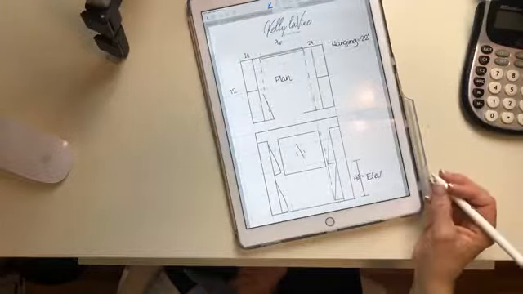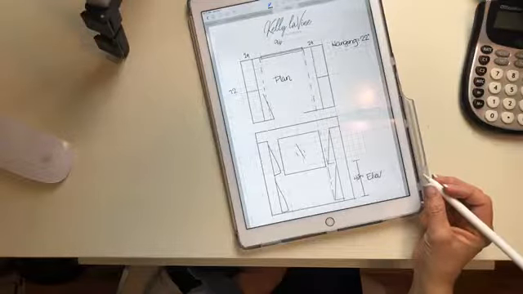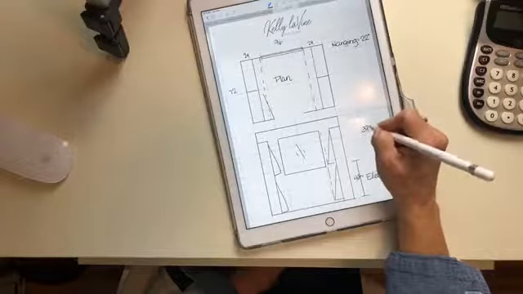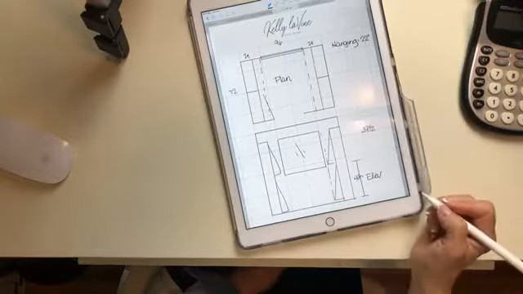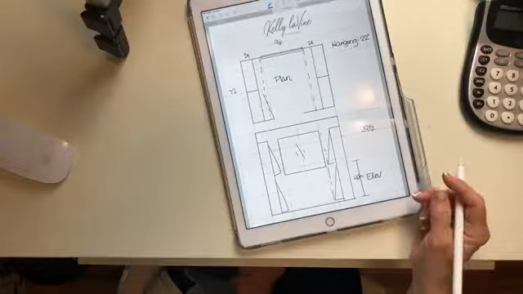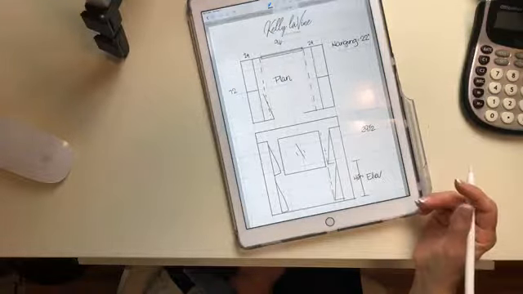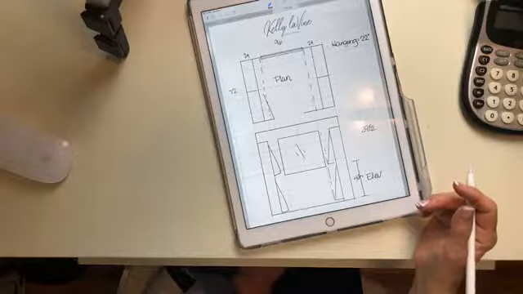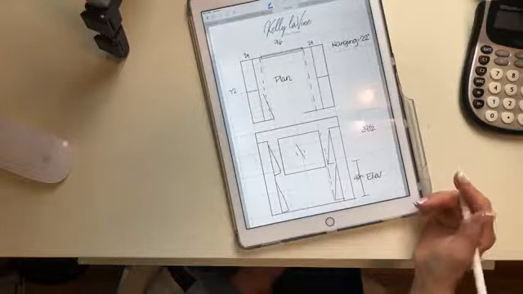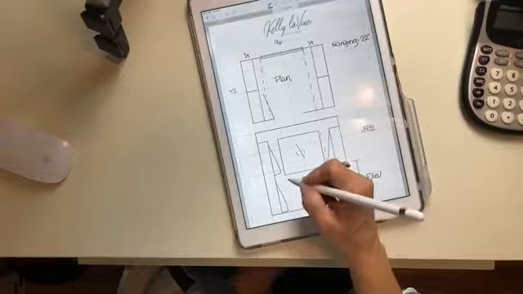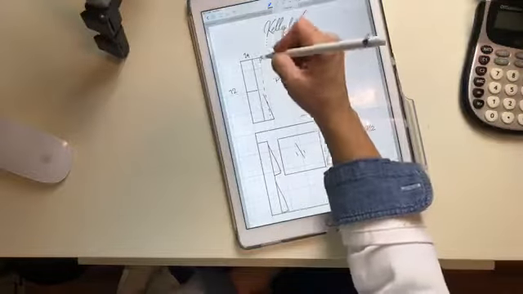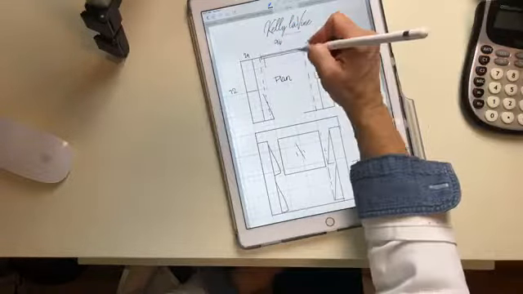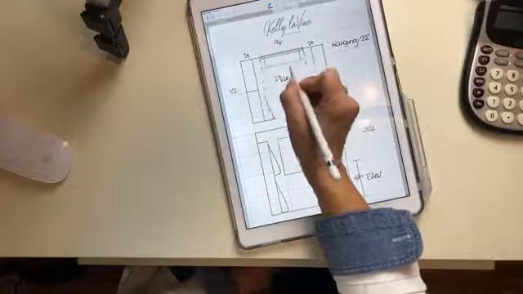For double hanging, we would ideally want a rod at 39.5, which is probably the standard for an adult. I like to go slightly higher if you can, but especially if you hang jeans over a hanger or something like that, you could get another hanging section back here. And we're going to leave 27 inches on each side and have a section right there.